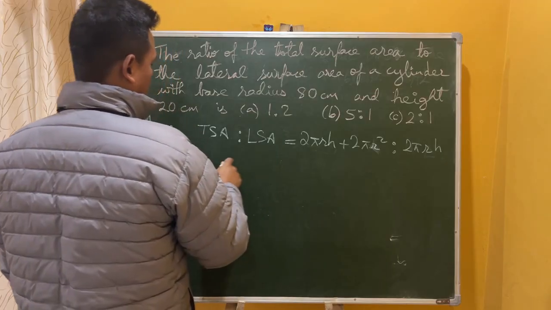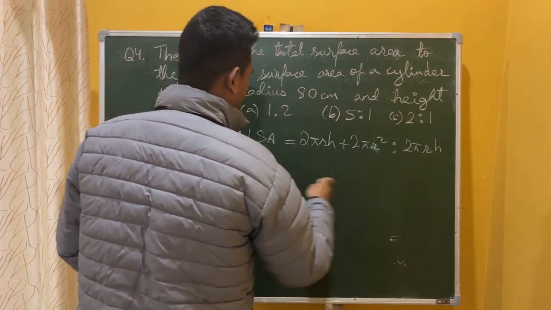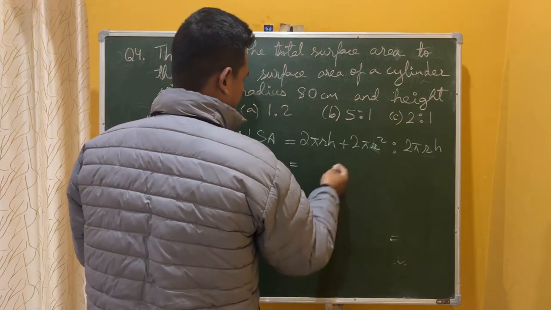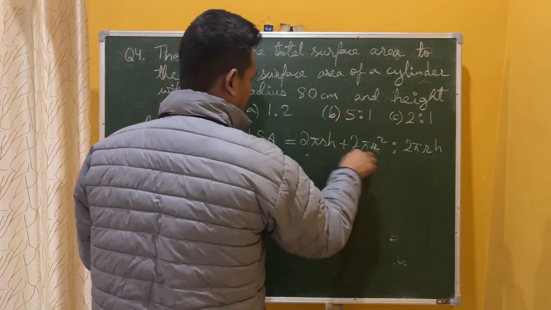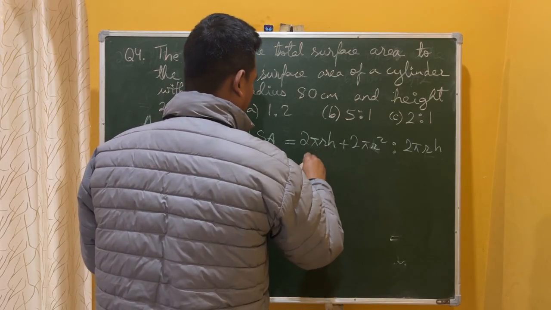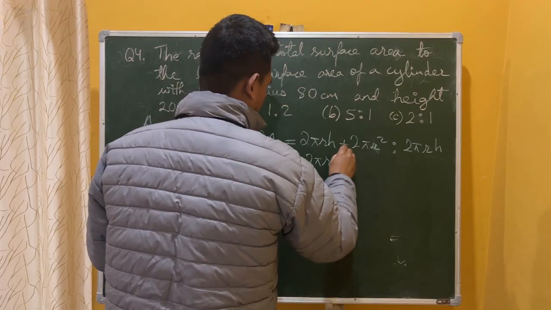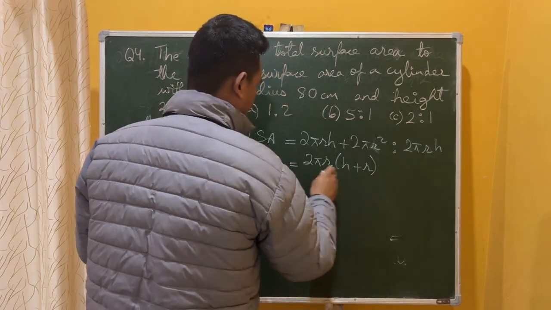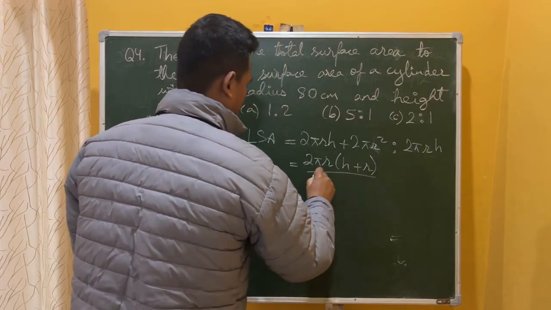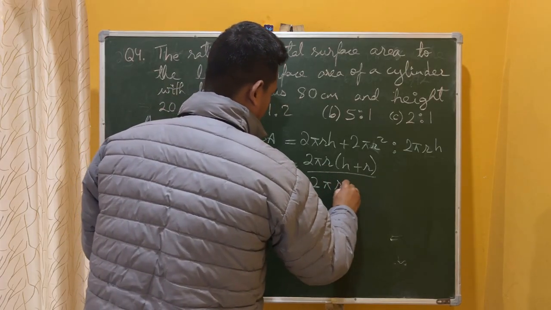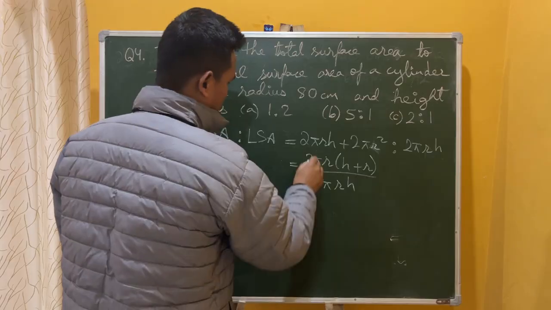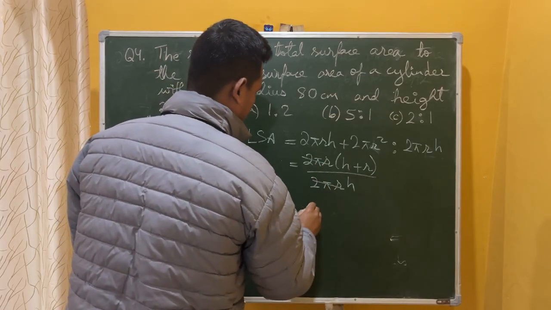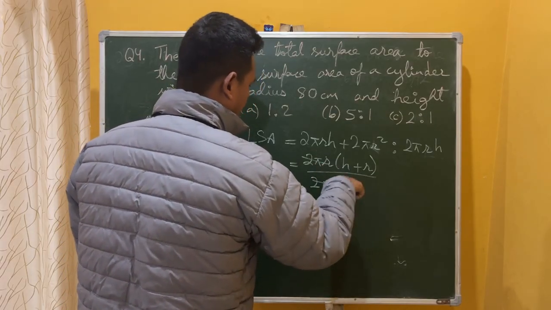So a is to b can be written as, from here I'm going to take 2 pi common, 2 pi r, h plus r. This can go in the denominator, h. So this gets cancelled. We have h plus r on h.